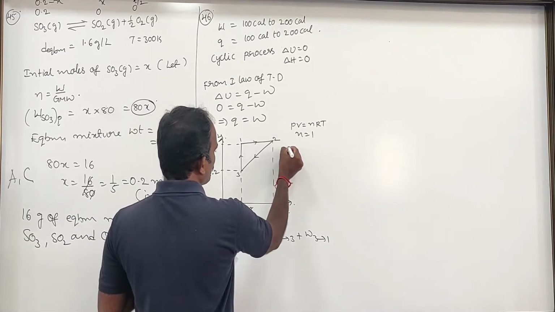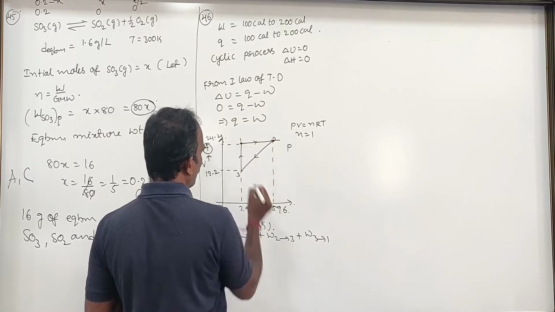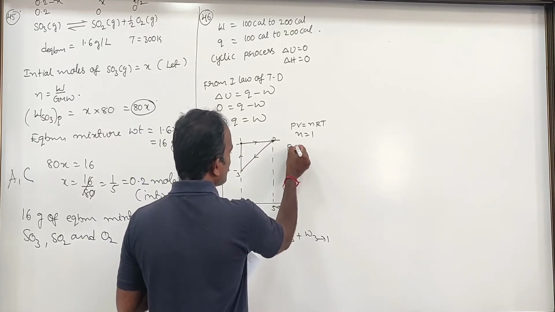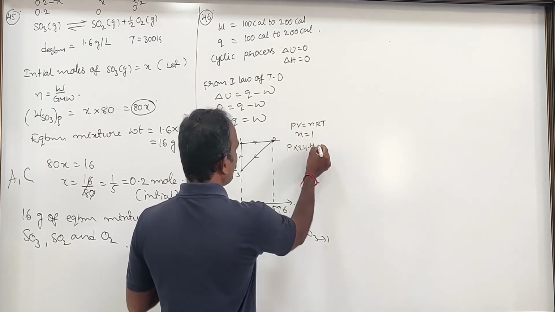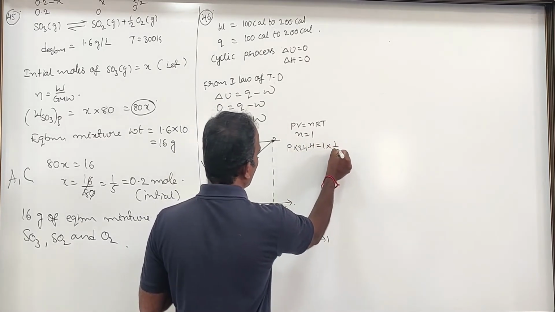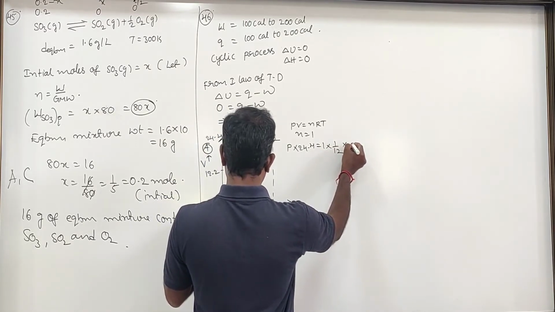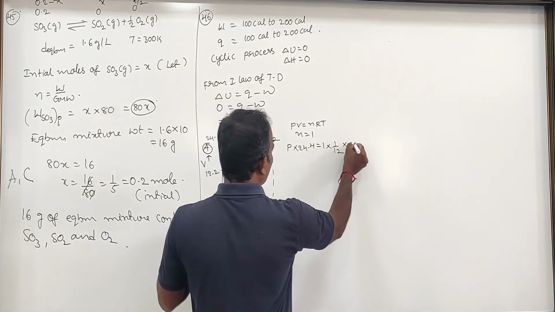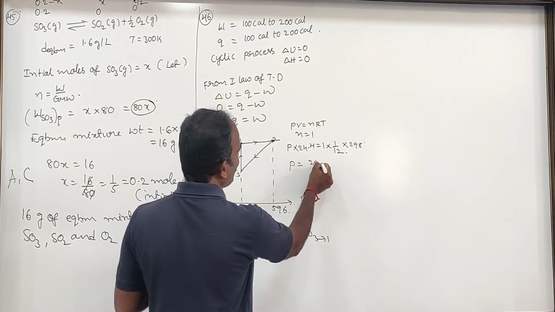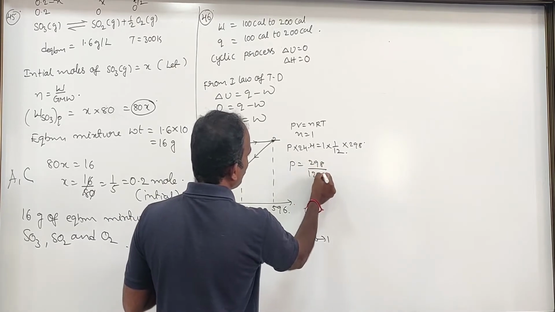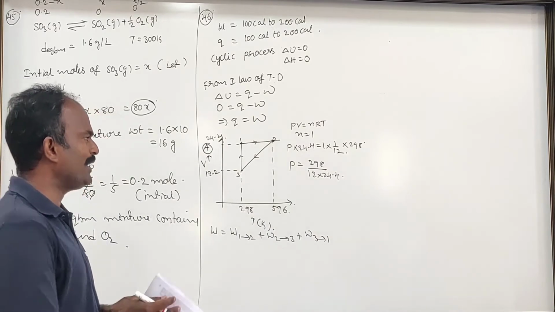Therefore, the pressure I don't know, I have to calculate the pressure at this point. P is equal to nRT divided by V, so 1 into 1 divided by 12 into the temperature. Here the temperature is 298. Now pressure P is equal to 298 divided by 12 into 24.4.